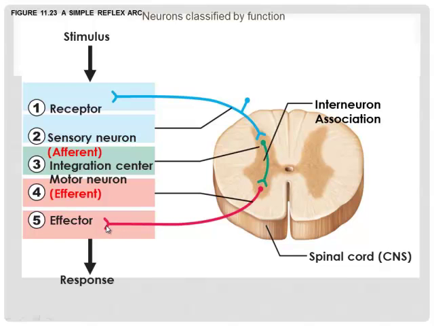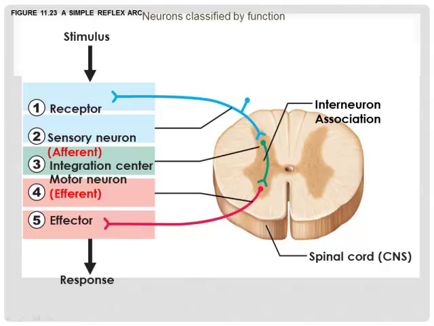Now, the other thing that can also happen is that you can have sensory nerves from different organs and tissues that come in, and as I said, they're going to pass upward in the white matter, and these are going to go straight up to the brain.